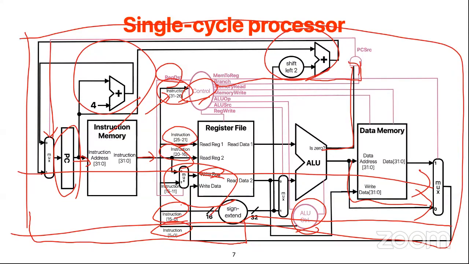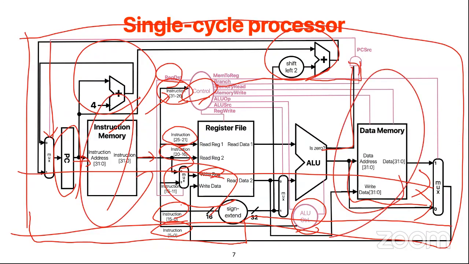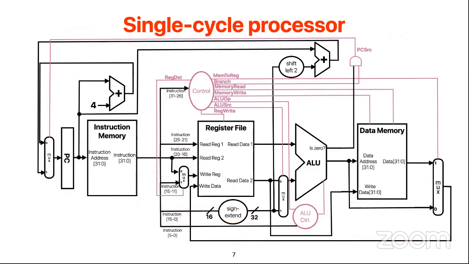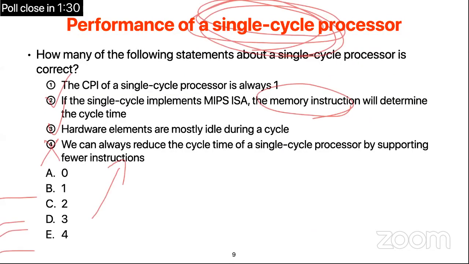That's a single cycle processor. Oh, so the maximum time would be. Right. So that's why the memory instruction determines your cycle time. Oh, okay. Because there can be instructions that take less than a cycle in that case. Yes, you can have some slack for instructions that aren't as intensive.